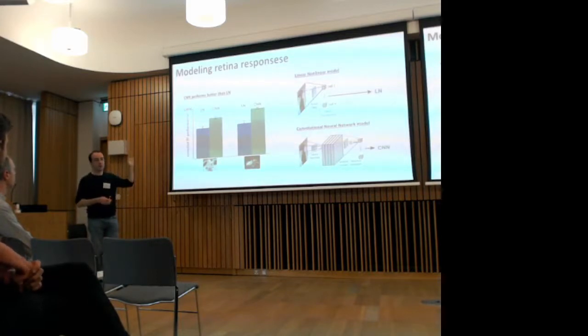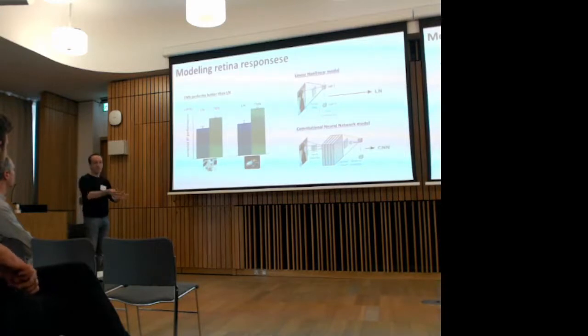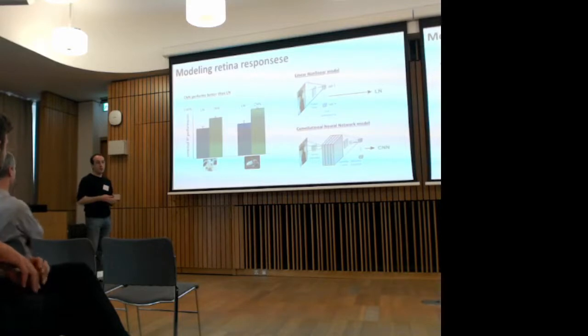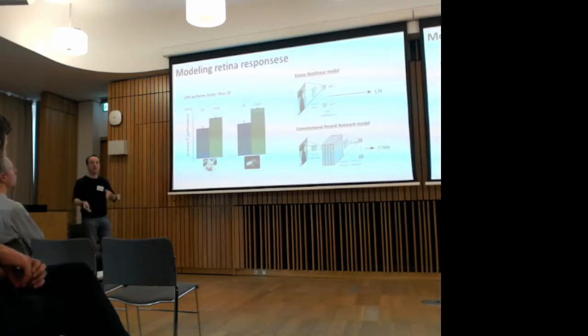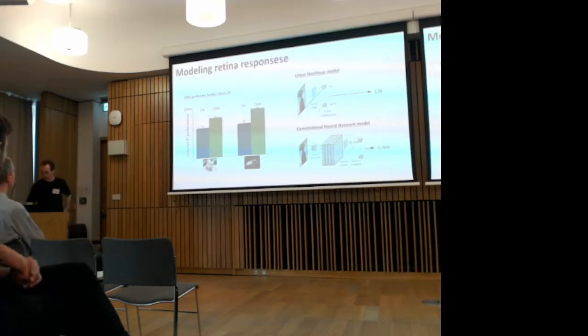One thing I'm not going to talk about, because it is too retina specific, is that we then tried to simplify the CNN model as much as possible and map its components to specific cell types inside the retinal circuit. We generated hypotheses and then checked them with additional experiments, and we found some relatively nice mappings. I don't think it's suited for this audience, but if you want to hear more, I'm happy to talk about it later on.